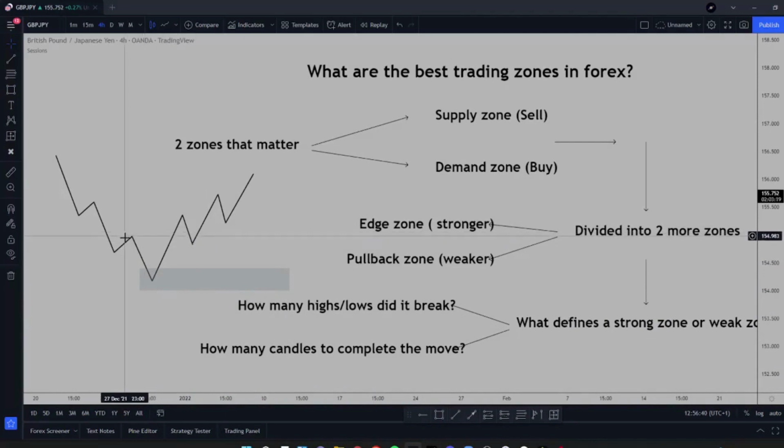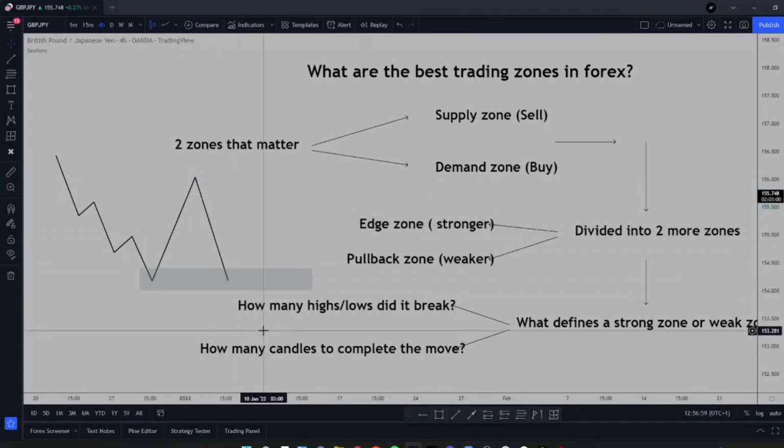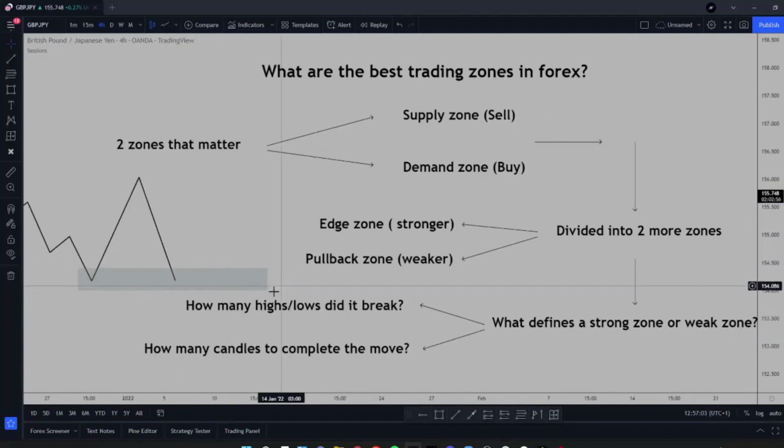It broke this high and it broke this high, so it broke two highs already. If all this wouldn't exist, it would have just broken one high. But if it broke two highs, it means that when price comes back, there's a bigger chance of it playing out because this zone is stronger. That is the first question you need to ask yourself.